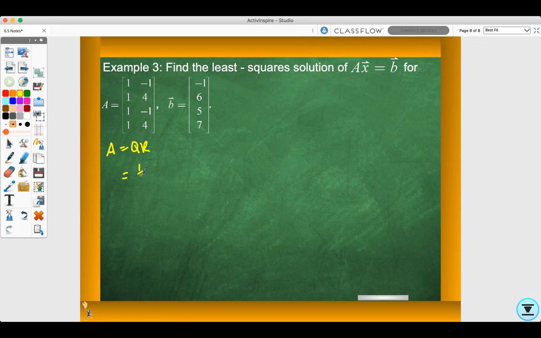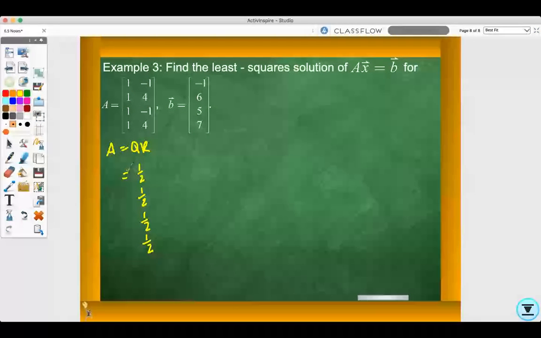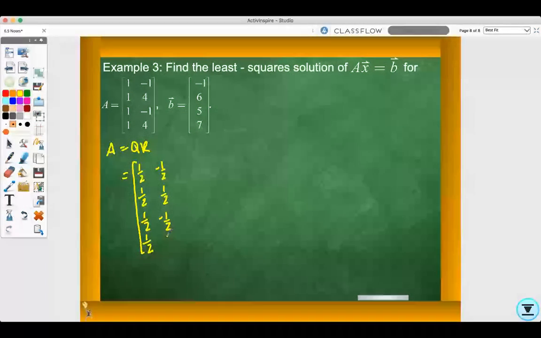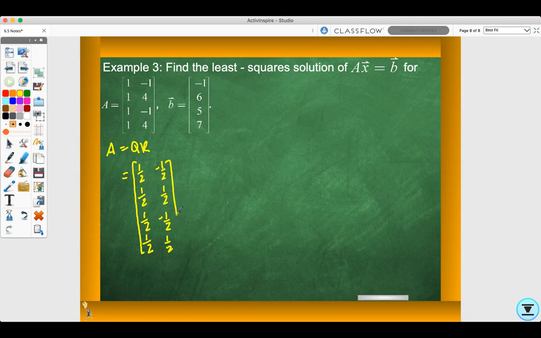Q would be 1/2, 1/2, 1/2, 1/2, negative 1/2, 1/2, negative 1/2, 1/2. R ends up being 2, 3, 0, 5.